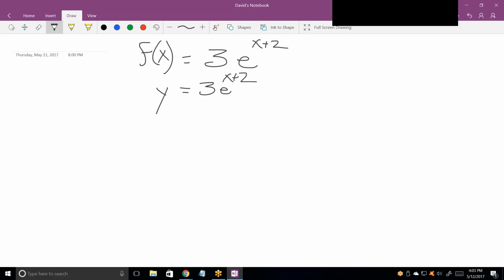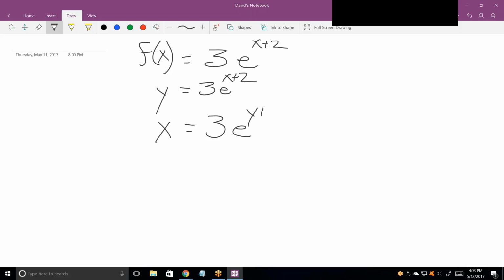So normally I tell everybody there's only 2 steps for finding an inverse, and that's switch the variables and solve for y. But when they give you the function as f of x, there's really 3 steps. First step is use y instead of f of x. They're the same thing. Then switch the variables and solve for y. So the next step is to switch the variables.